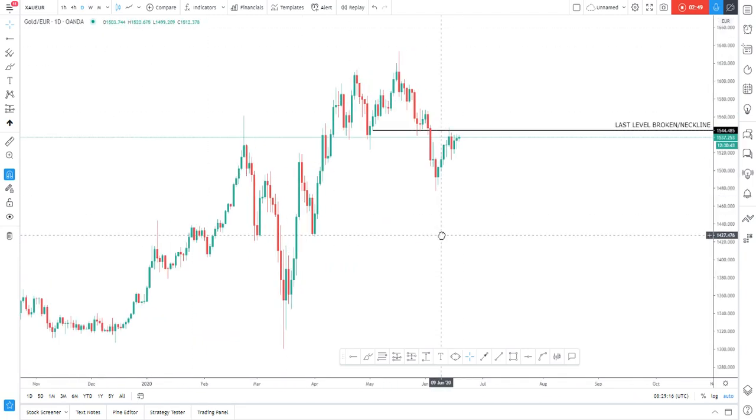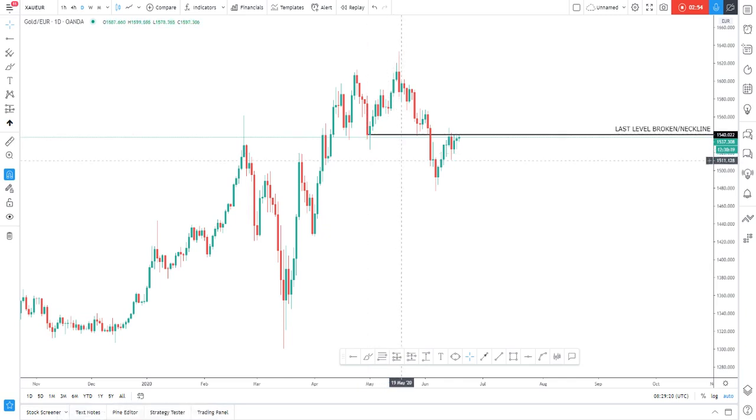Okay, let's place this properly. Yes, brilliant. We can see how price moved, broke this area of structure impulsively, and came for a retest of that area it broke. So now we should expect a push to the downside.